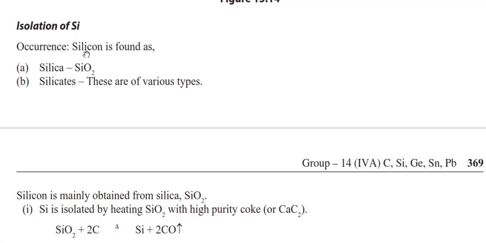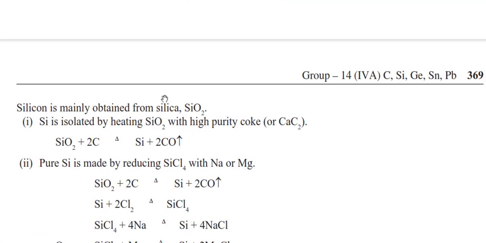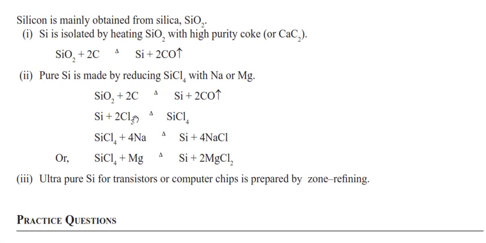You can easily isolate silicon from ore. Silicon is always found as SiO2, which is present in our sand also. So these are the various methods by which you can easily produce silicon. From silicon dioxide, you can do a reaction with carbon and you will get silicon.